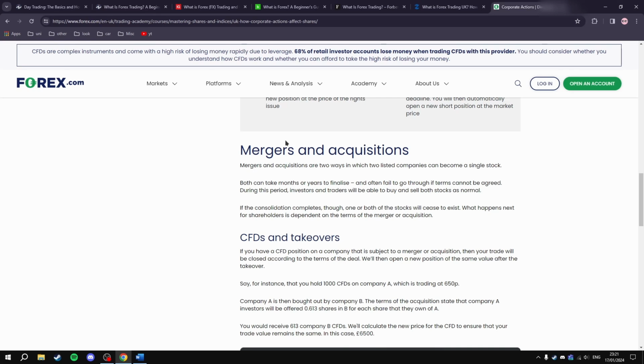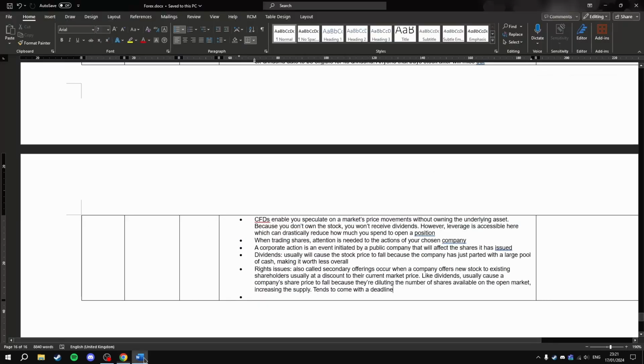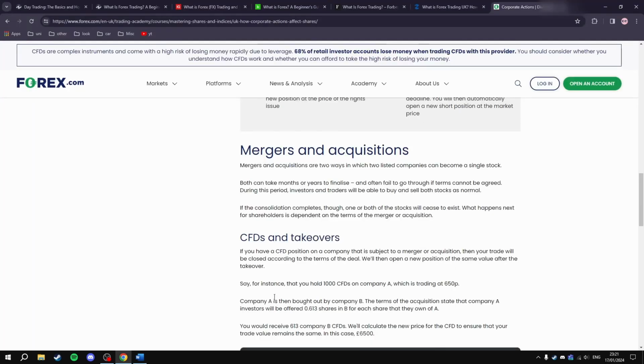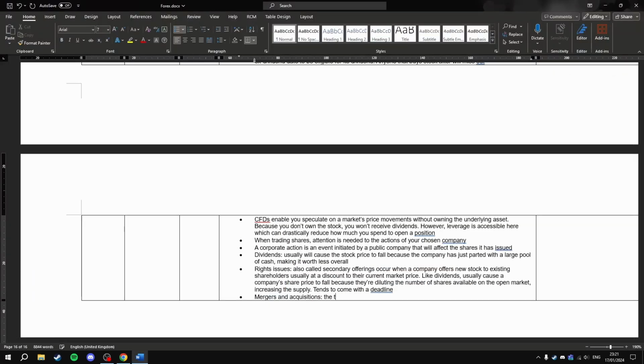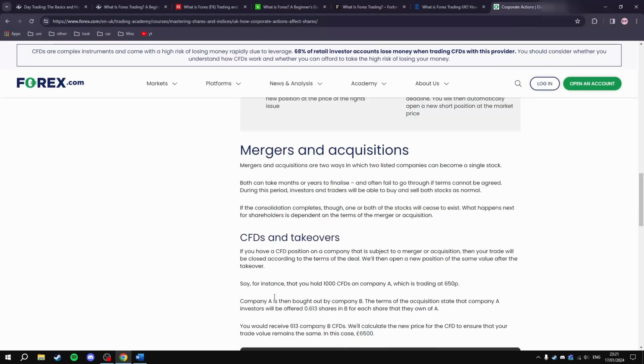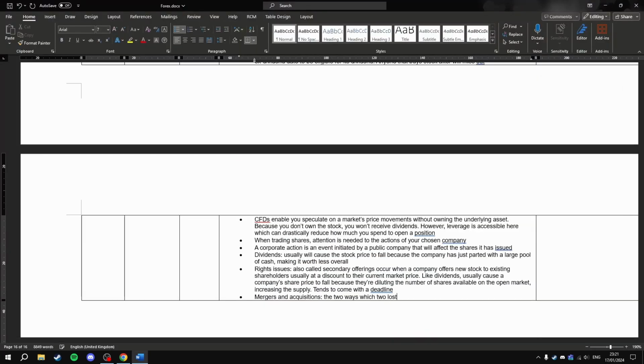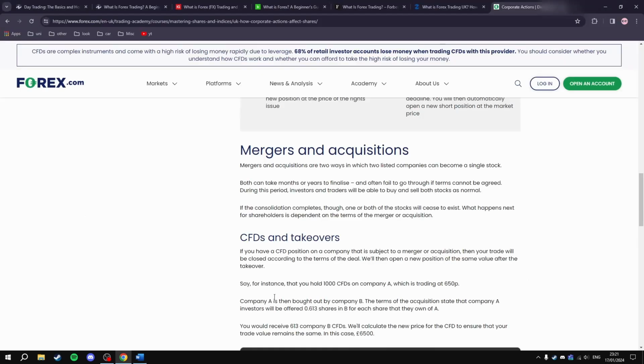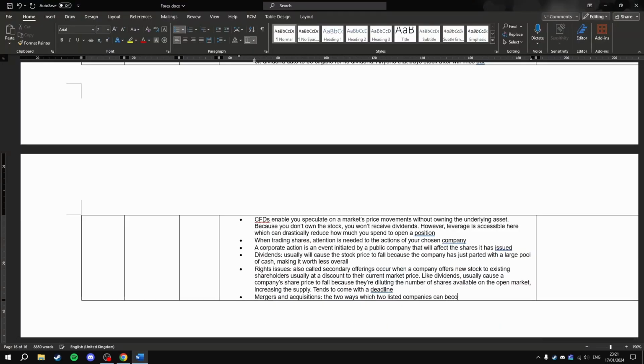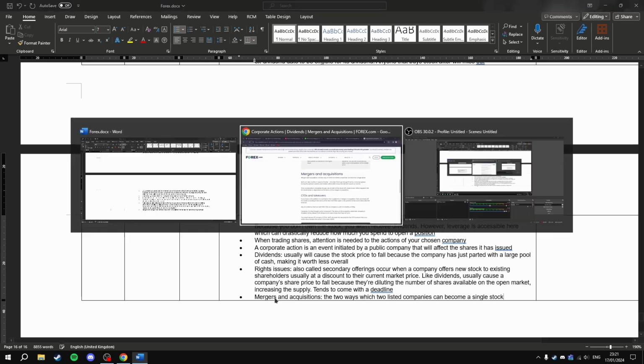Mergers and acquisitions. Mergers and acquisitions are two ways in which two listed companies can become a single stock.